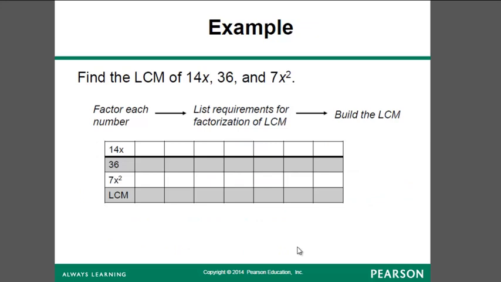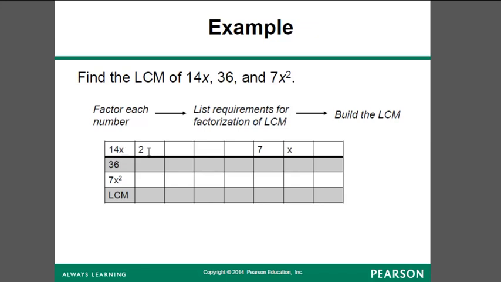Here's another method. I want to find the LCM of 14x, 36, and 7x squared. And so what I've done is I've drawn rows for each number and then a row for the LCM. And I'm going to take each one and factor them.